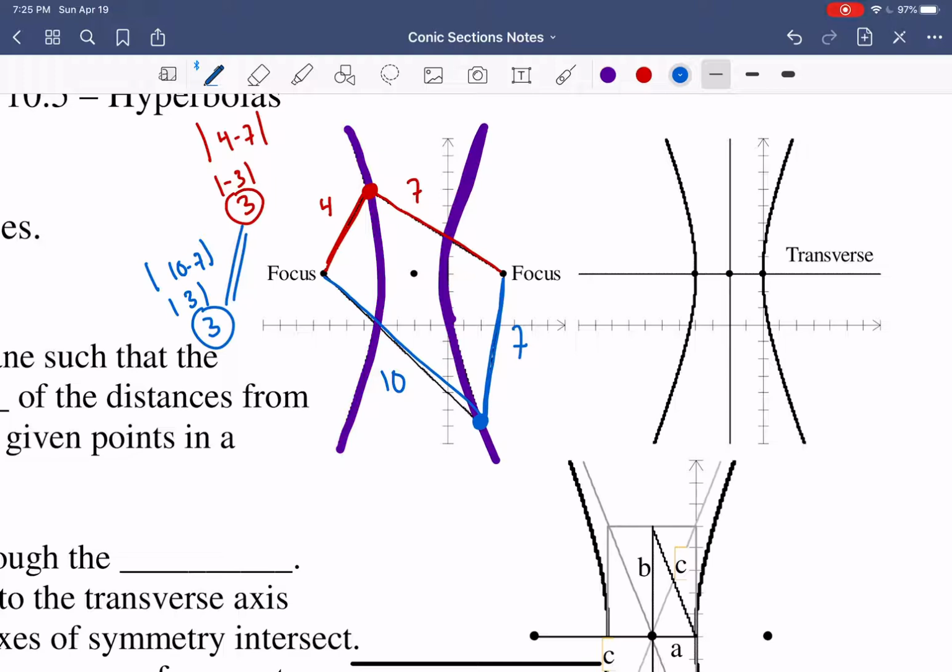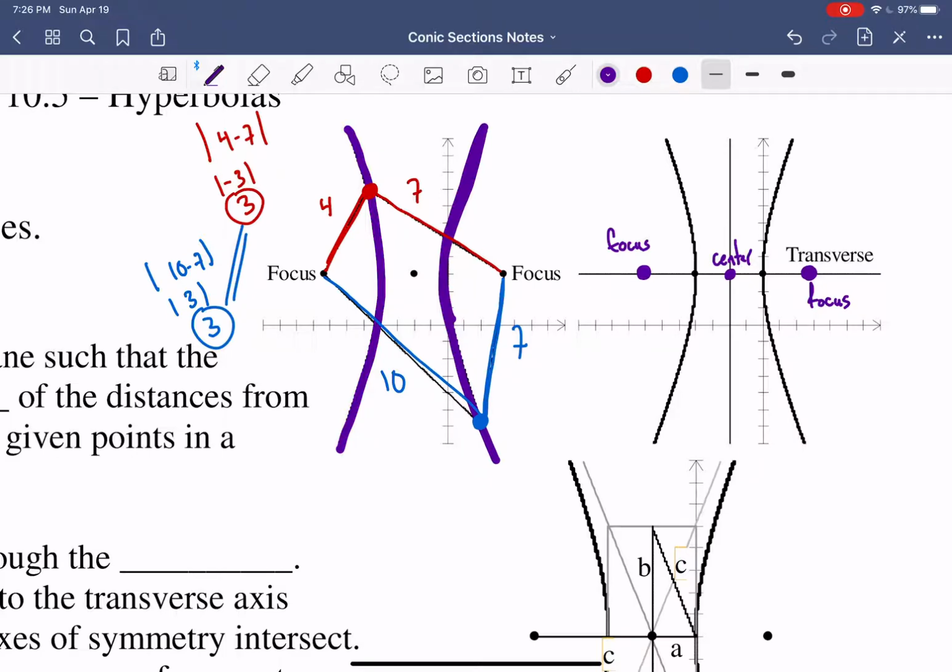Other parts of this hyperbola, let's move on to the more cleared out side. Right, so here we have, it's not on here, but let's say we have focus number 1, focus number 2. We will call this point in the middle our center.